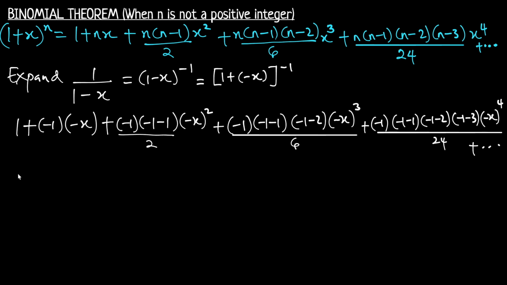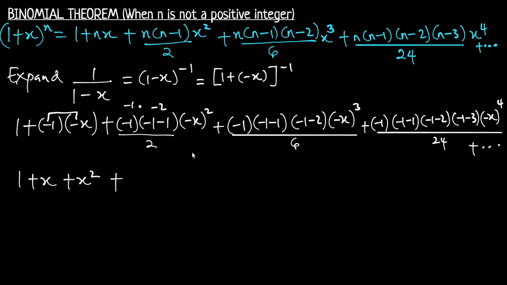So let's do 1 negative multiplies negative, that gives positive, then 1 times 1 is x. If you do that, you have plus x. Here we have this is negative 2, right, and this is negative 1. So when you multiply this, you have 2. When you divide again, you have 2, which is positive, right? Because negative x all squared is also positive, so this is going to be plus x squared, right?